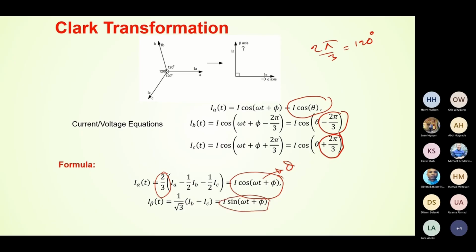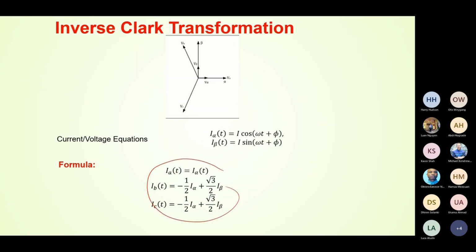In MATLAB Simulink, you already have this kind of block available: Clarke transformation, Park transformation. You just feed it with IABC or I alpha beta and things like that. So this is the derivation. You can substitute the values and expand using trigonometric formulas, and you will get these equations.